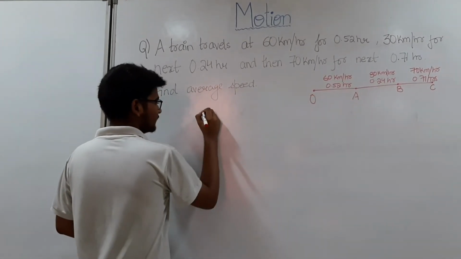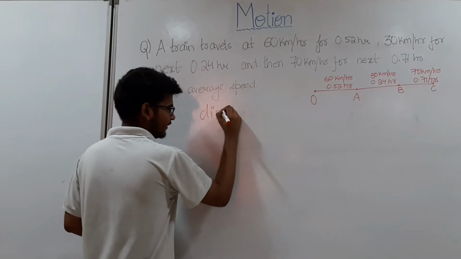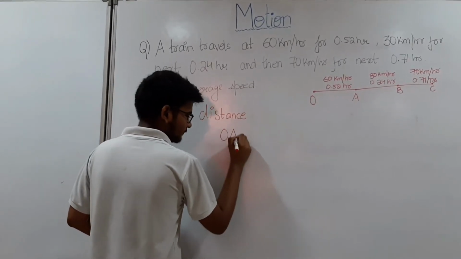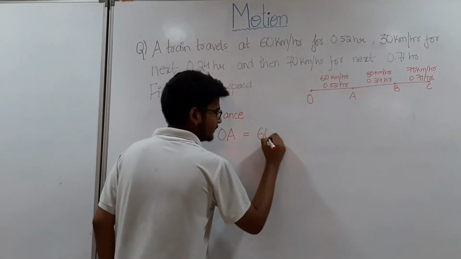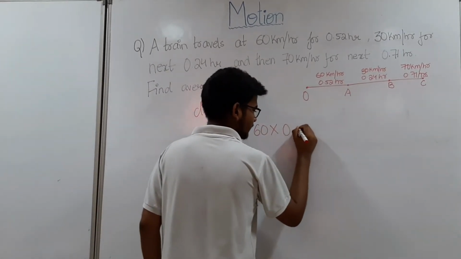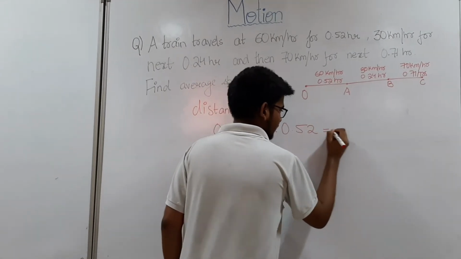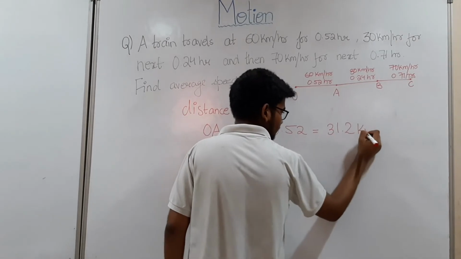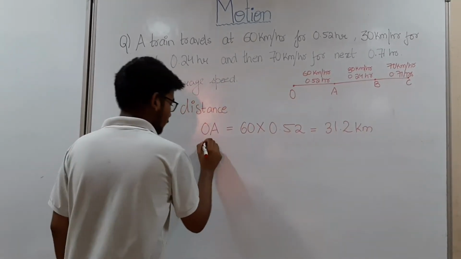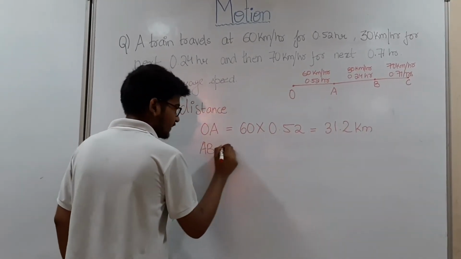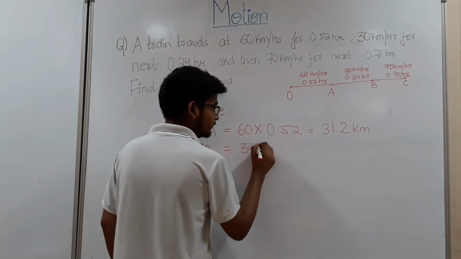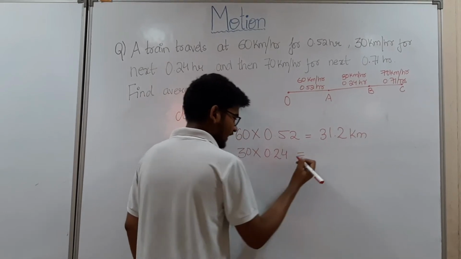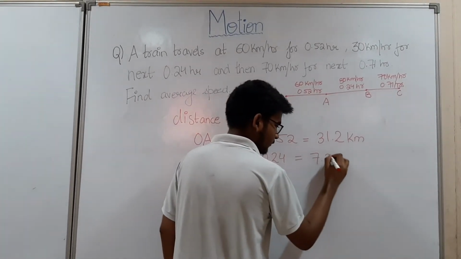Let us first find out the distance travelled. From OA, it will be 60 into 0.52. That will be 31.2 kilometers. Next, from AB, it will be 30 into 0.24. That will be 7.2 kilometers.